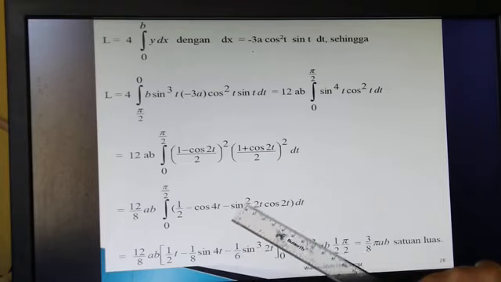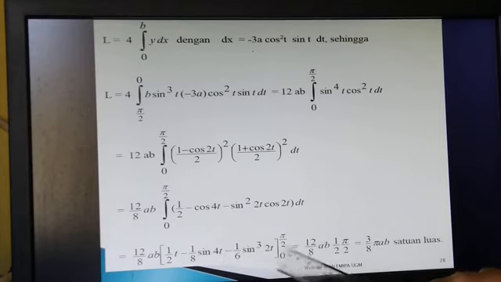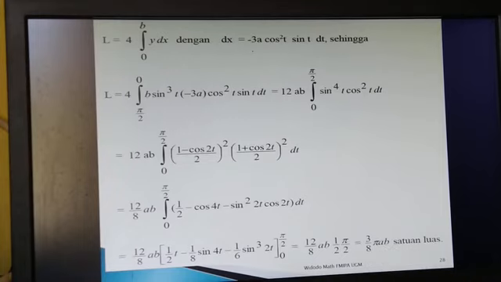Why 6? Because here 3 times 2, so 6. So altogether it is equal to 12 divided by 8 ab times 1/2 times π/2. So altogether it becomes 3/8 π ab area units.